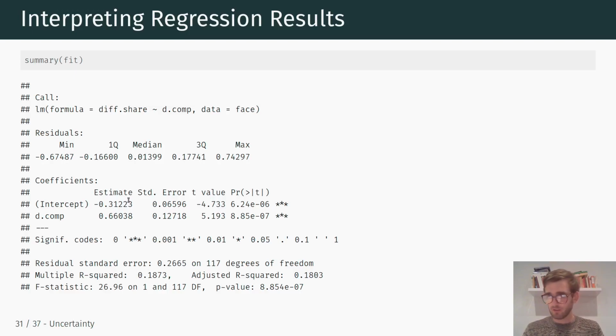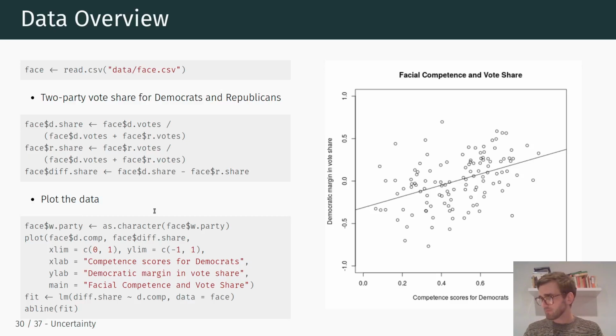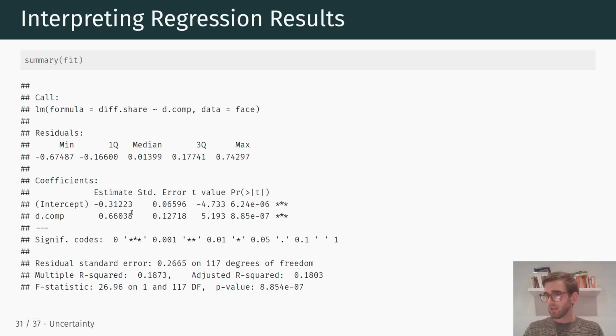Republican candidate. Okay. More interesting, of course, is the slope coefficient for the effect of the competence rating of the Democratic candidate, and we have an estimate of 0.66, which implies that a 1 unit increase in the competence score, which is basically an increase from minimum to maximum, because it was basically bound between 0 and 1, leads to an increase in the estimated vote margin of 0.66.